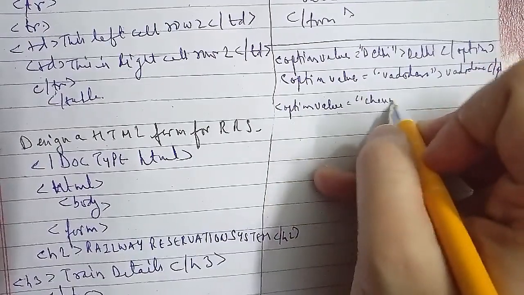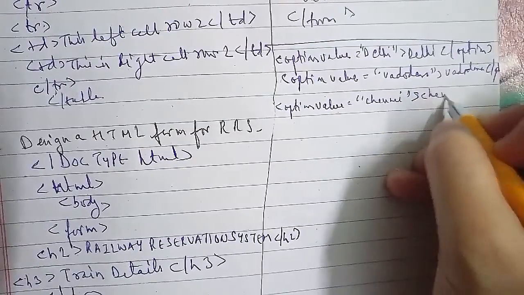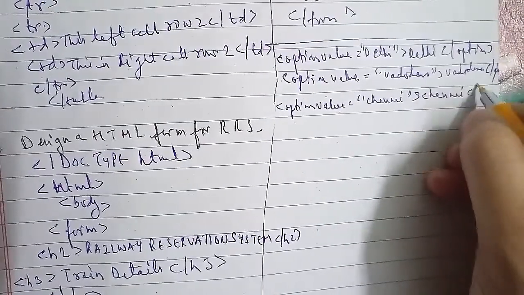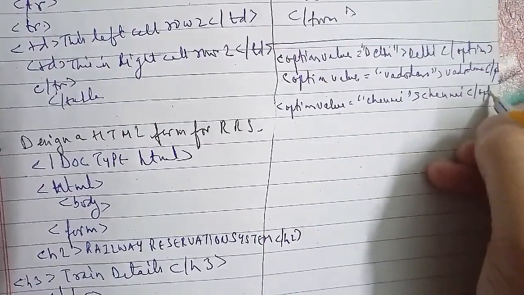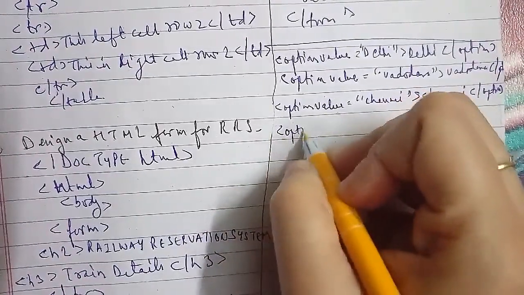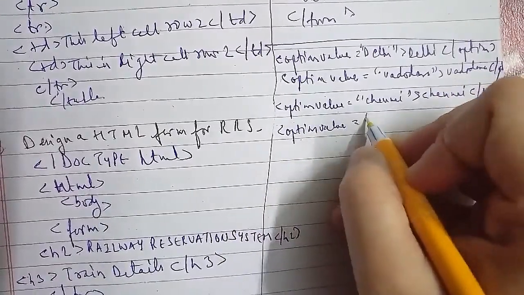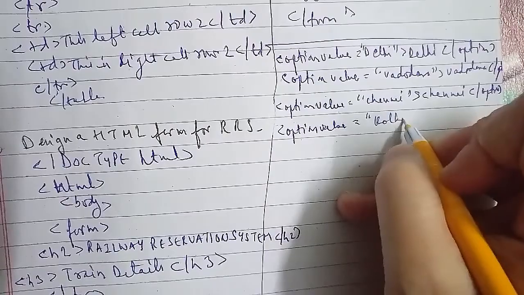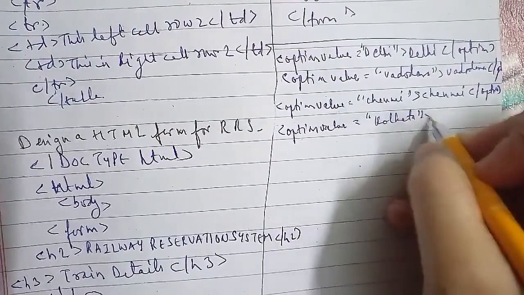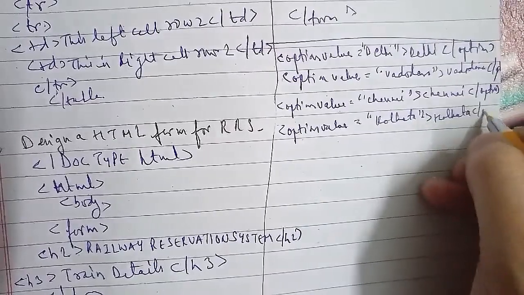So in the train number, what will come first in the select? Option value equals to 1, and then we have an option closing. In the same way, in place of 1, we write 2, 3, 4, and then we will close the option.